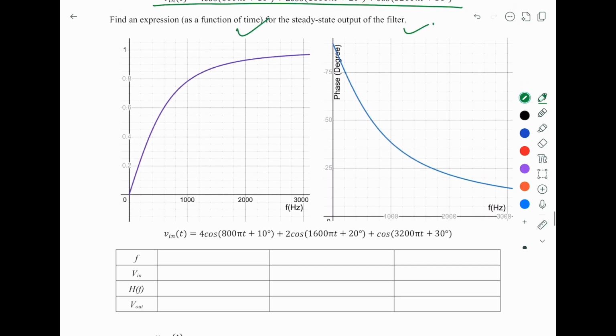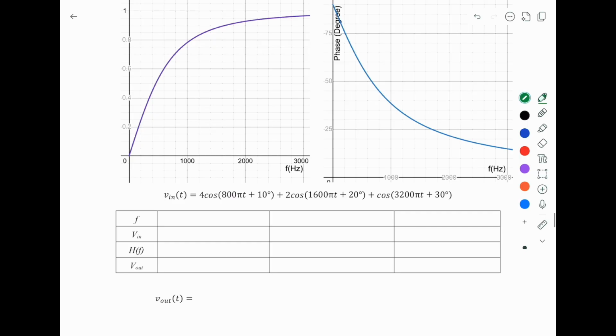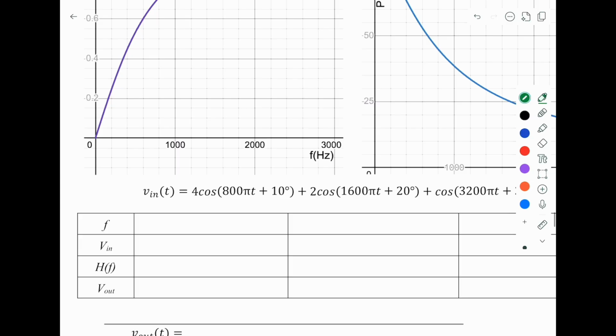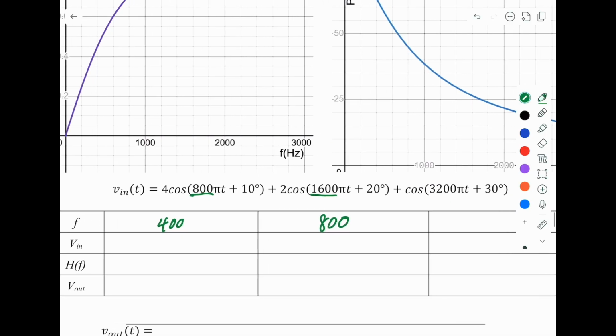And now we have an input signal here. Let's look at it term by term. First term, 800, so the frequency is 400. 1600, so the frequency is 800. 3200, so this is 1600.